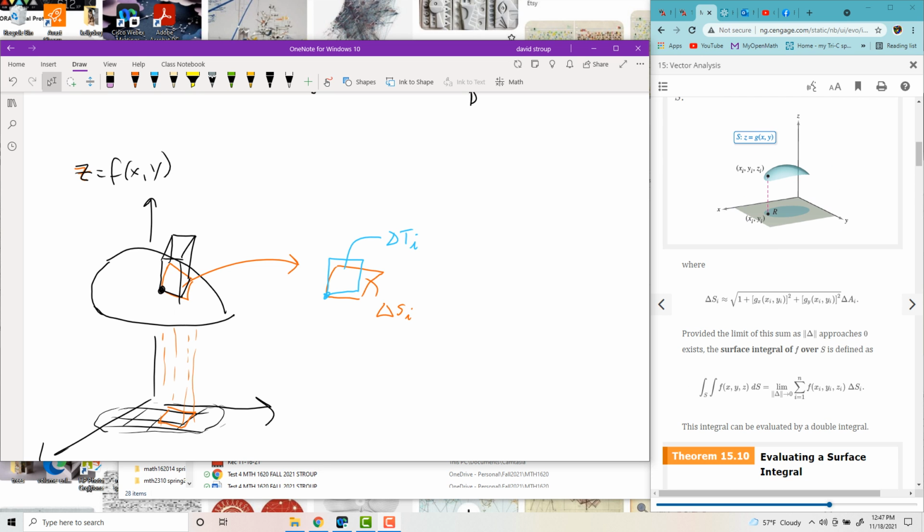And let's see, so you're forming this new increment.